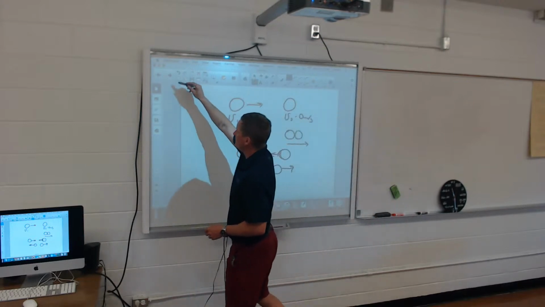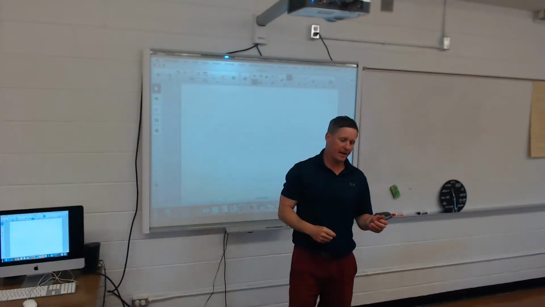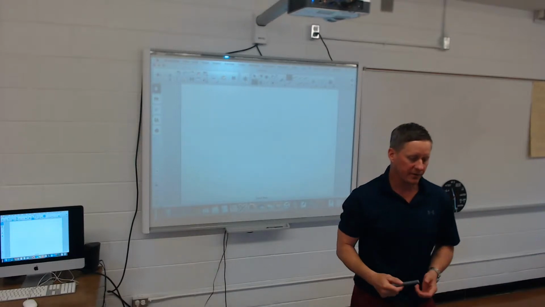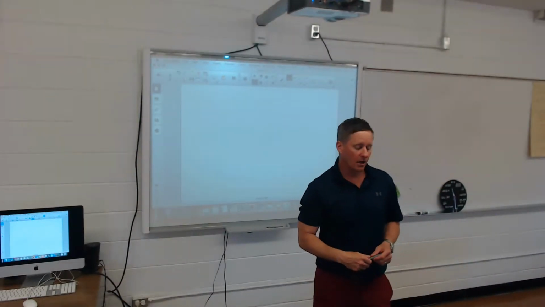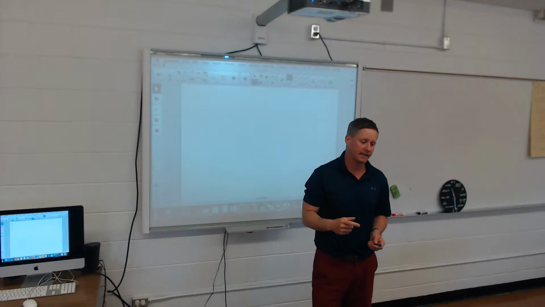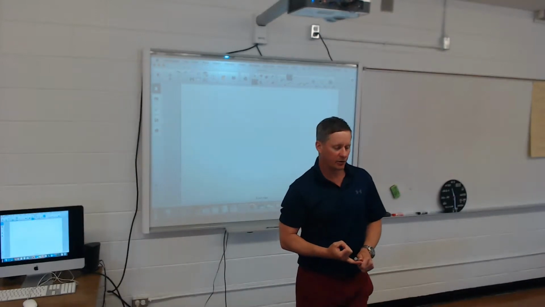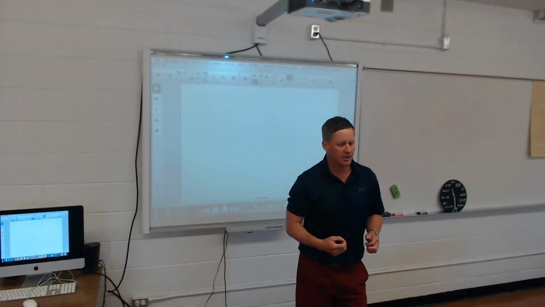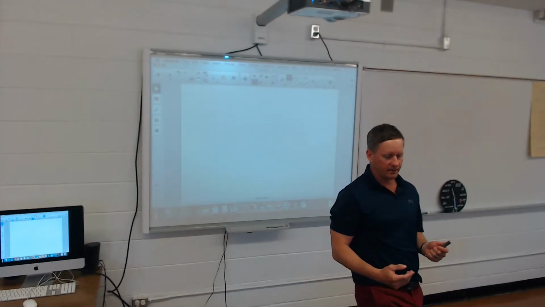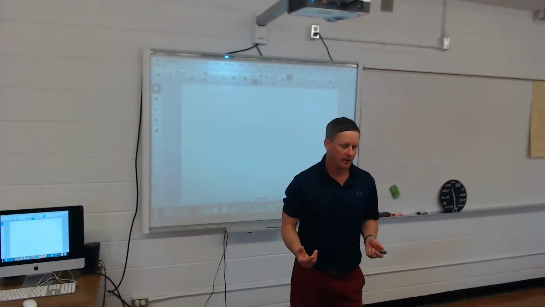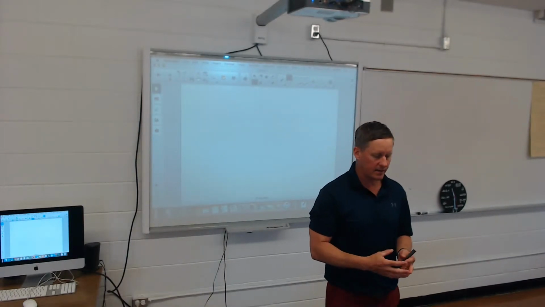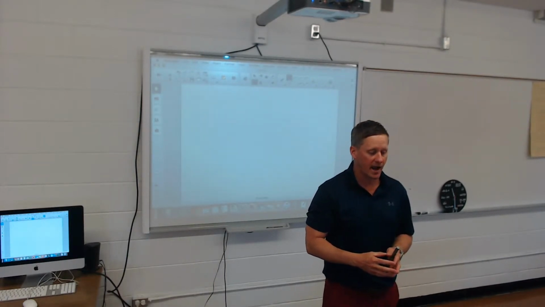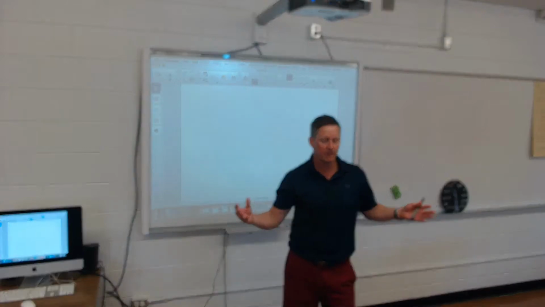This is all based on the law of conservation of momentum, which says that the momentum before a collision is exactly the same as the momentum after a collision occurs. When you studied chemistry, you looked at the law of conservation of energy, where the amount of energy before a reaction is equal to the amount of energy after.